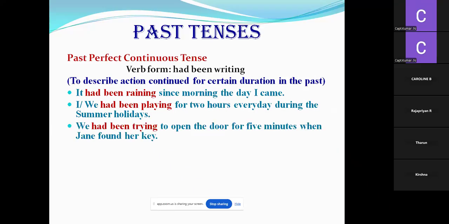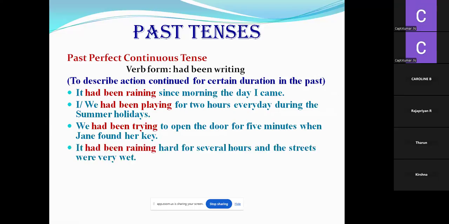We had been trying to open the door for 5 minutes when Jane found her key. It had been raining hard for several hours and the streets were very wet. So in all these sentences you can see the action was already going on for a certain duration in the past.